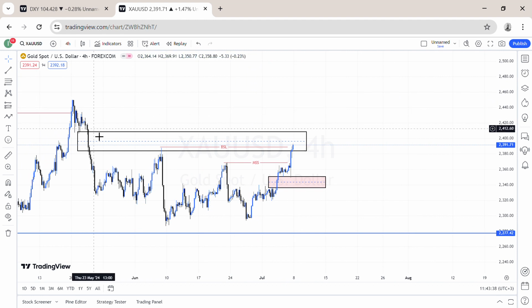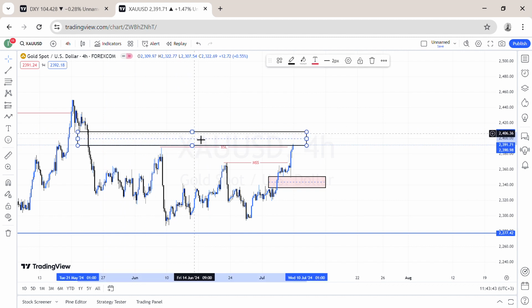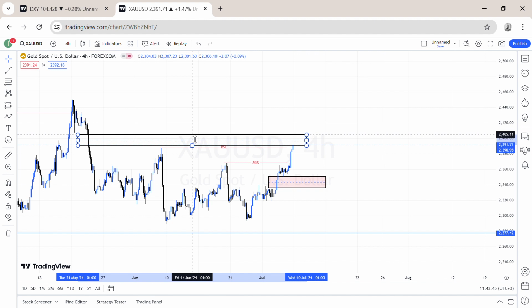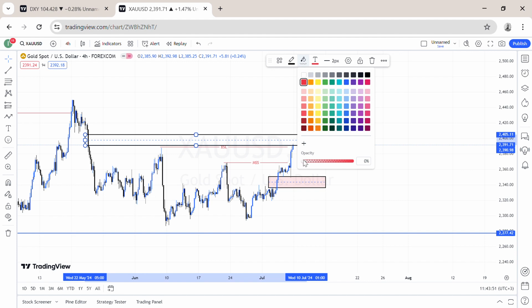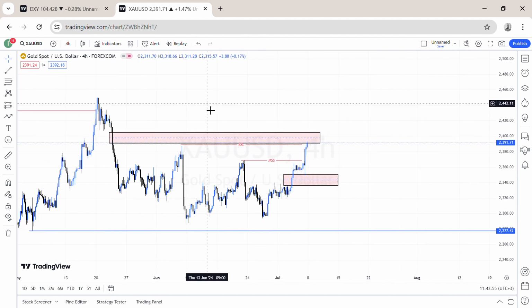We can see that the daily fair value gap is also the 4-hour fair value gap when we break it down like that. The 4-hour fair value gap, that is it. So the daily fair value gap is also overlapping with the 4-hour fair value gap.